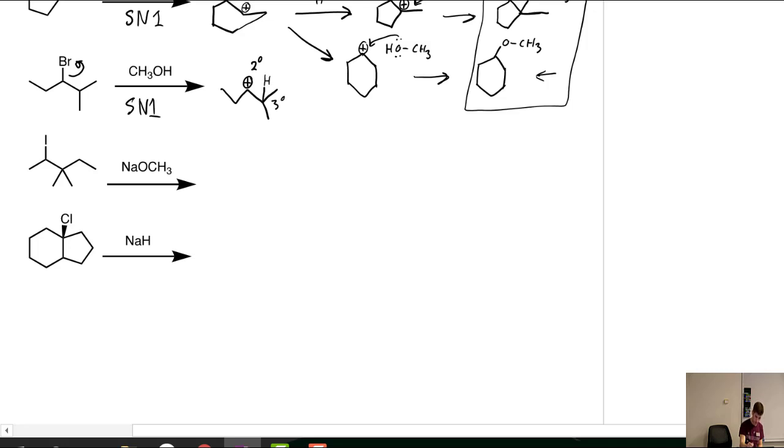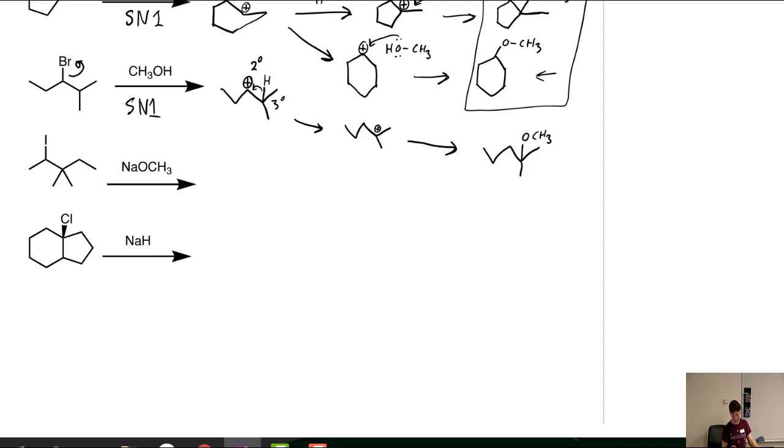So we're going to move this hydrogen that's not drawn over. Positive charge there. Then the O can attack, as we've shown many times before. And we can go straight to the product here. Are there any questions on that one? So a lot of methyl shifts here going up, right?